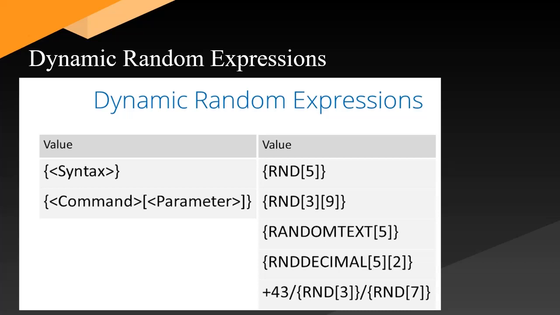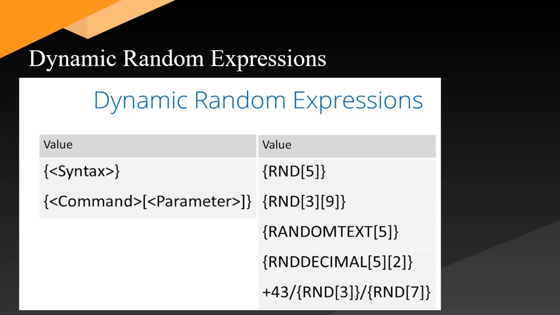So let me explain what a dynamic random expression is. To steer the application, we have to instruct Tosca in providing the values, correct? While providing the values, you can also use expressions to instruct Tosca to enter random values. What is the syntax? The syntax for providing random values is curly braces.